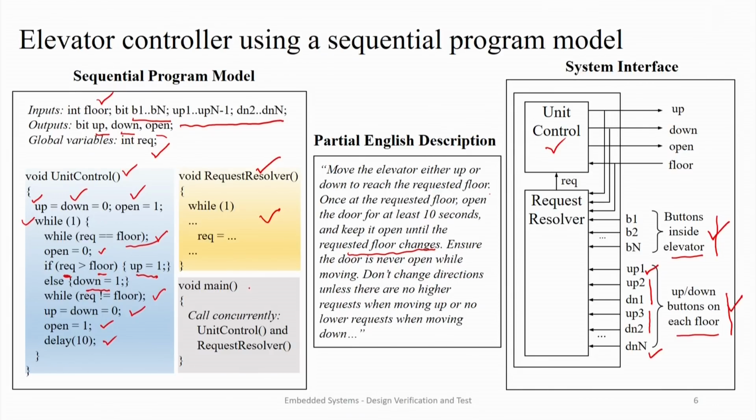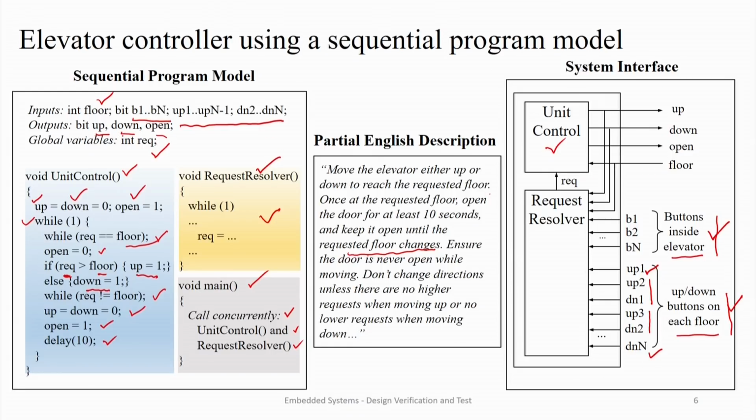Now, what will main do? The main function of the lift controller, the elevator controller, will concurrently call in parallel both unit control and request resolver. So, request resolver will work independently and concurrently, and it will go on resolving requests and generate a finally consolidated single request.